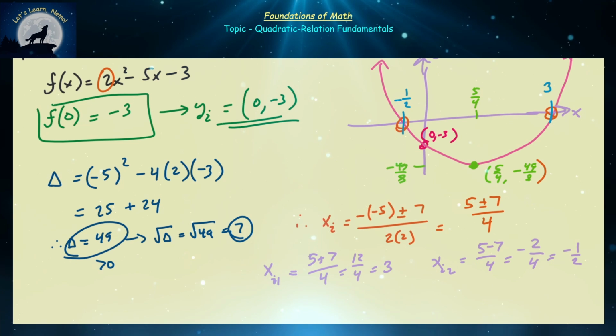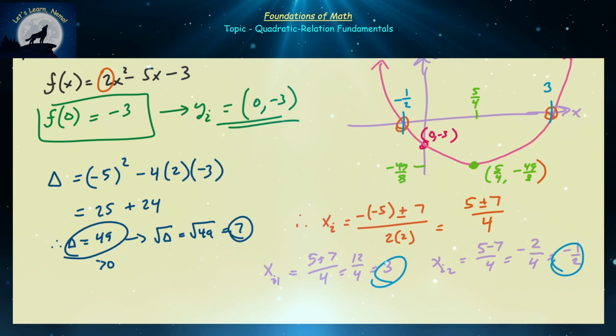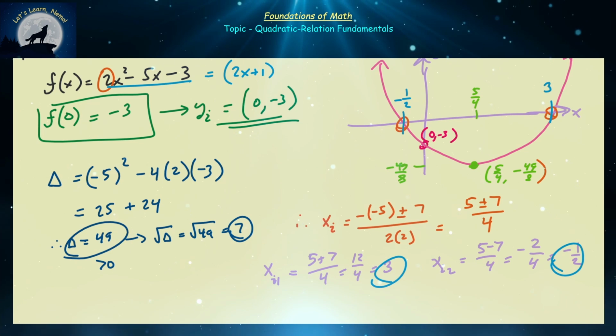Also, one interesting thing to keep note of: if you always have rational zeros, or rational x-intercepts, that means you could have factored the original quadratic relation. You should be able to complete the square using AC methods or what have you, and show that this factors into (2x plus 1) and (x minus 3).